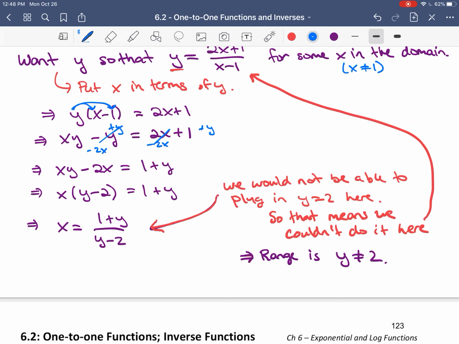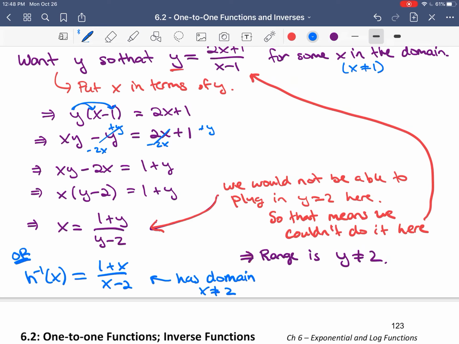Now if you use the switch and solve method and found the inverse, which I would recommend you do for extra practice, you should get 1 plus x over x minus 2. This one has domain x not equal to 2, so that's the range of the other one.